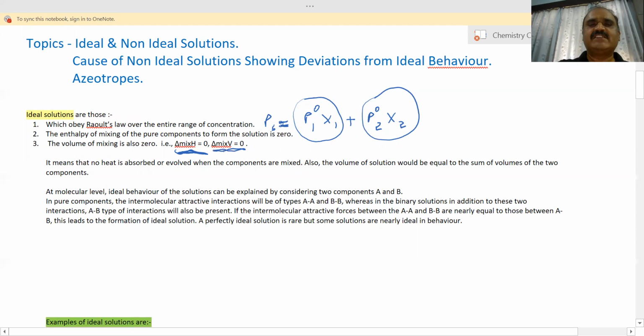And third is the volume of mixing is also 0. Delta mix V, delta V of mixing, change in volume on mixing the components is equal to 0.